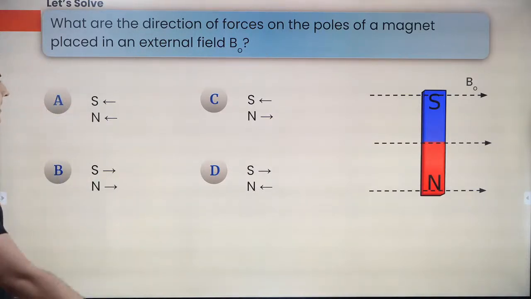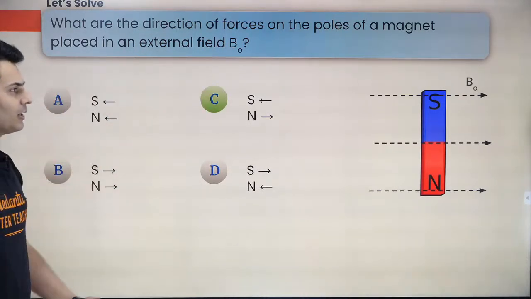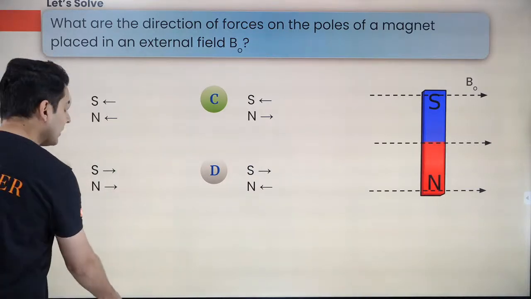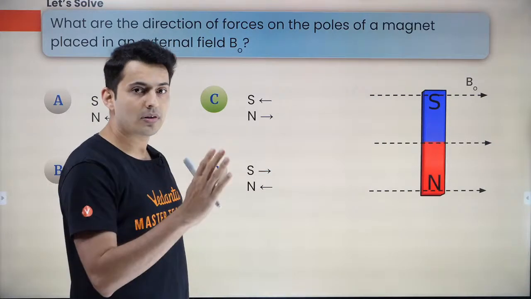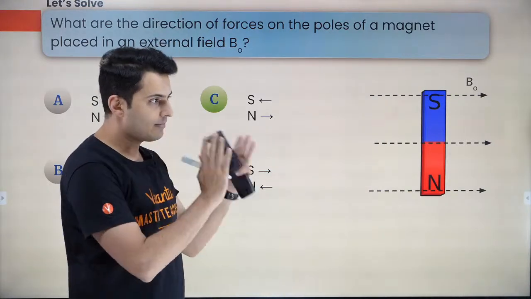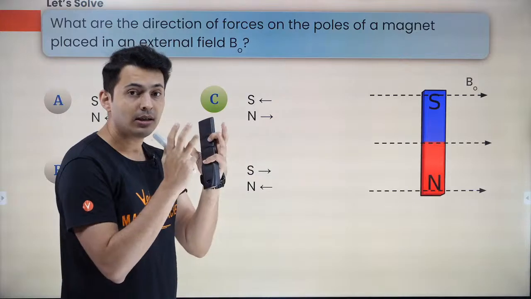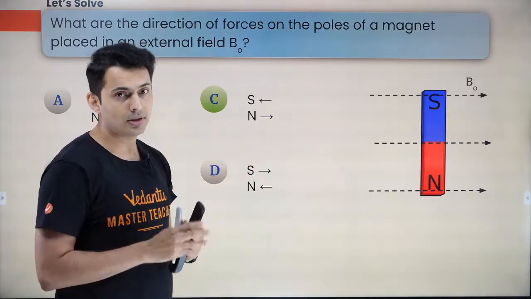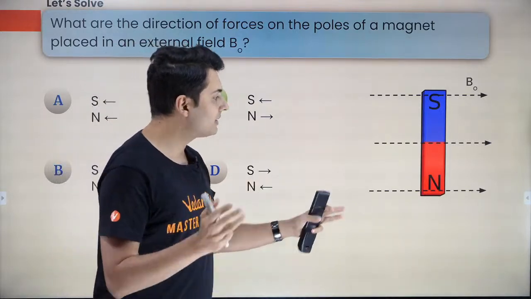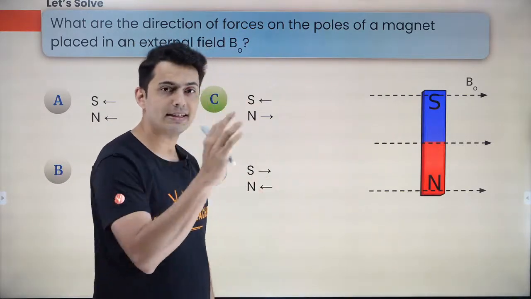So here is the correct answer, guys. The correct answer is actually C. Now I'll be like, how is it C? See, it's very simple, guys. Field and force are always along the same direction, provided the charge or the pole is also positive. Now, north pole is always positive, south pole is always negative.